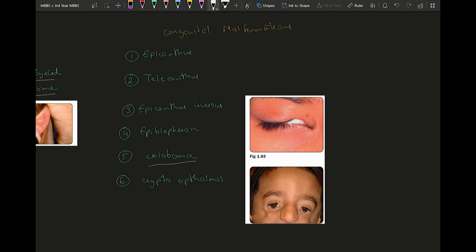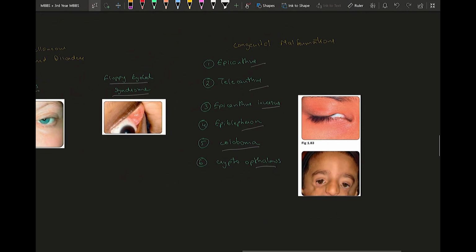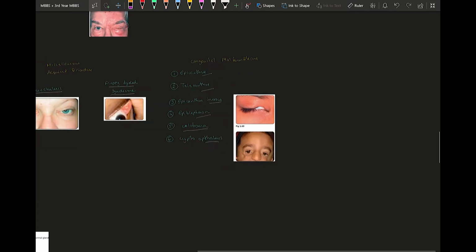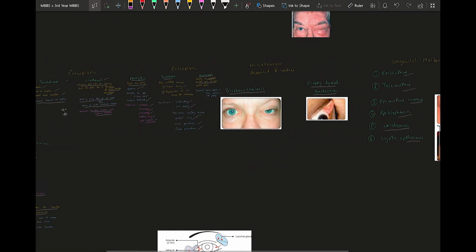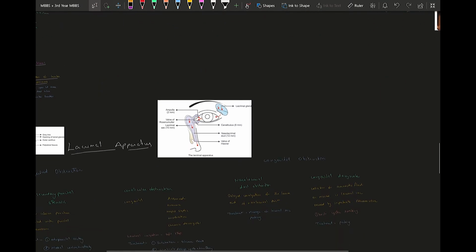The others are epicanthus, telecanthus, epicanthus inversus, epiblepharon, and cryptophthalmos. Cryptophthalmos can be either complete or incomplete, and complete is a complete covering of the eye by the eyelids due to improper development.